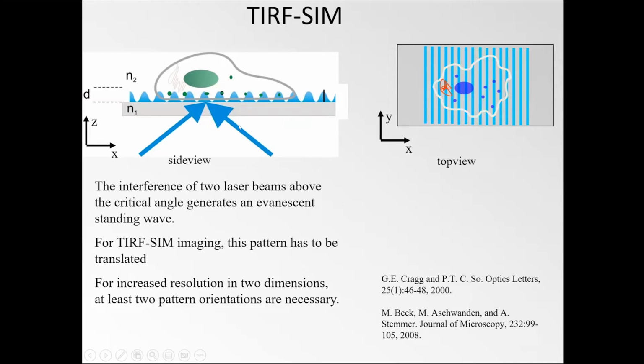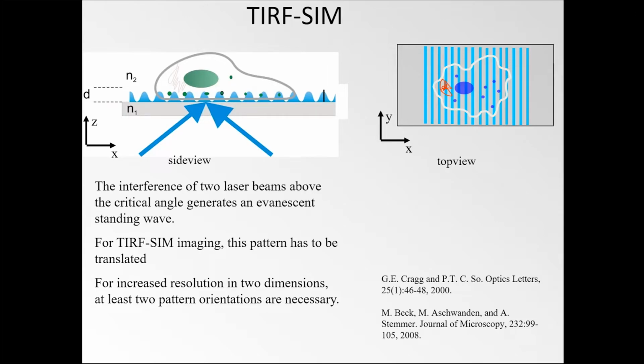And so what you need to do in a SIM microscope is you need to be able to phase step the pattern. This is a mathematical necessity. As I said, we want to try to separate the information bands. And so the number of information components you want to separate dictates how many images you have to acquire.